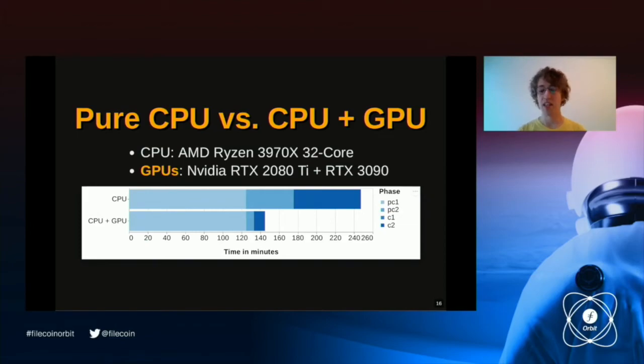The next phase is pre-commit 2, which is about Poseidon hashing. There we use the GPU, as you remember. And we can clearly see that on the CPU it takes almost an hour, like 45 minutes. But if you use the power of GPUs, it's a matter of 10, 12 minutes.